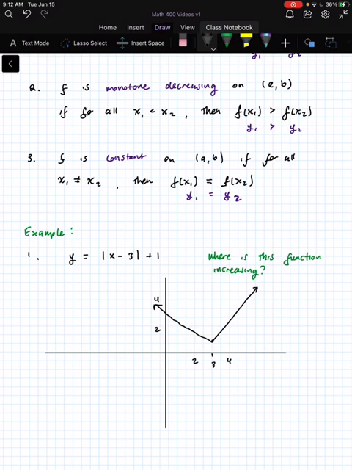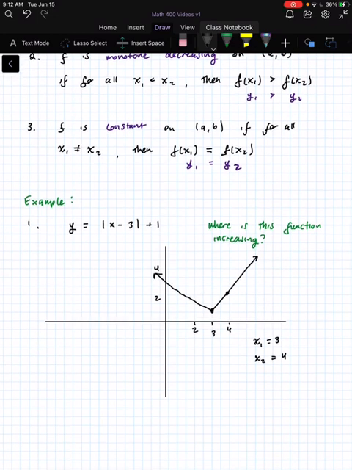So let's just take the point 3 and the point 4. Our x values are x sub 1 is 3, x sub 2 is 4. 3 is less than 4. So what we're saying then is, are the y values at 3 and 4 also arranged the same way? So is y1 less than y2?